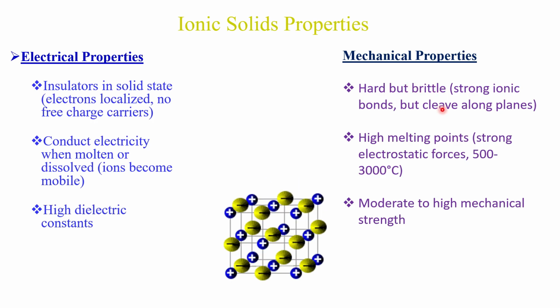When stress causes layers of ions to shift, like charges may align and repel strongly, which ultimately leads to fracture. The high melting points arise from strong Coulomb forces that require large energy to overcome.